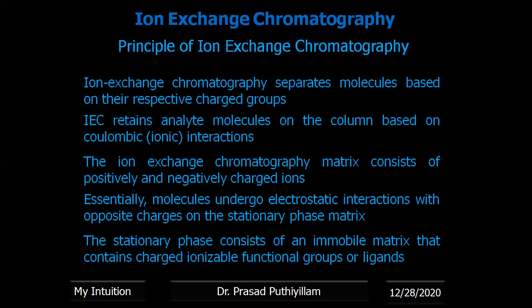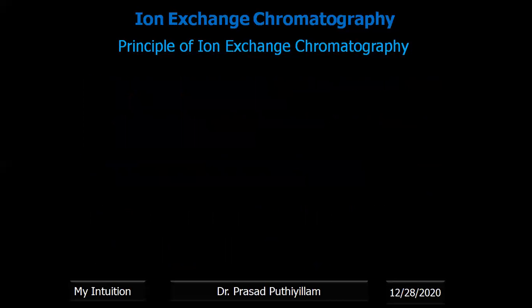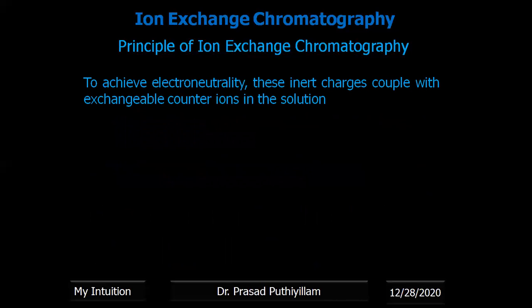The stationary phase consists of an immobile matrix that contains charged ionizable functional groups or ligands. Usually chelating ligands are used for this particular application, meaning chelating molecules are used as ligands. To achieve electroneutrality, these inert charges are coupled with exchangeable counter ions in the solution.